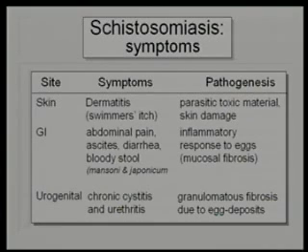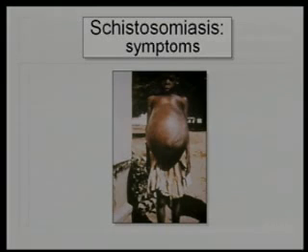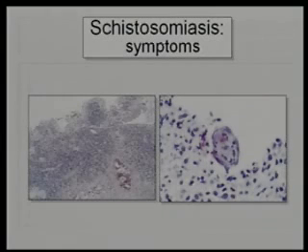As a matter of fact, this is one of the major causes of bladder cancers in people from infested areas like Egypt and Ethiopia, Sudan, those countries. Mansoni and japonicum will cause ascites as well, an inflammatory reaction to the organism.